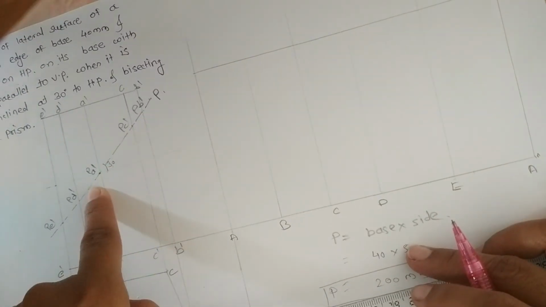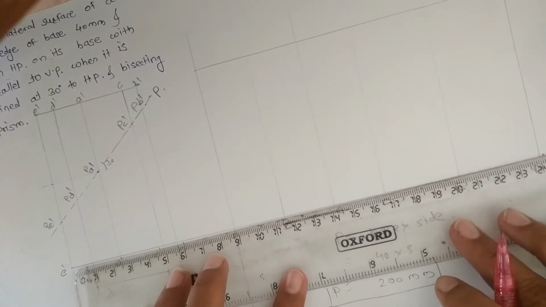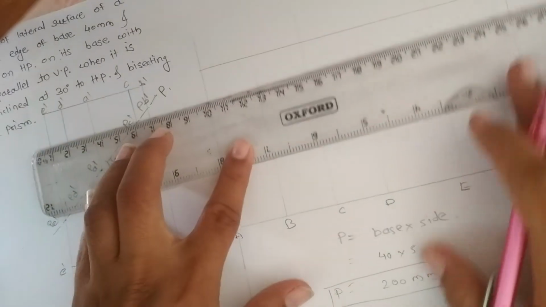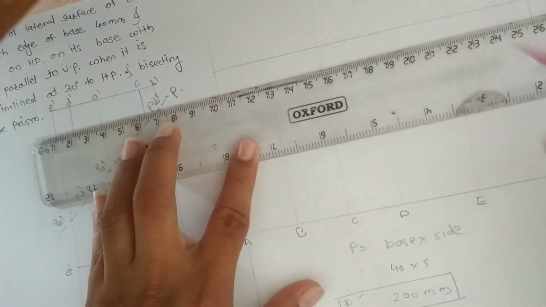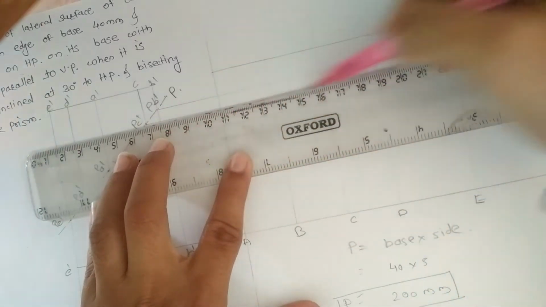Now transfer all the points from front view to the DLS on the generator. So transfer all the points with thin line.